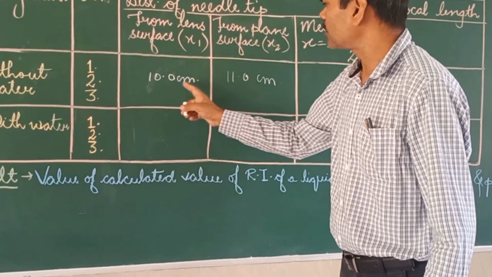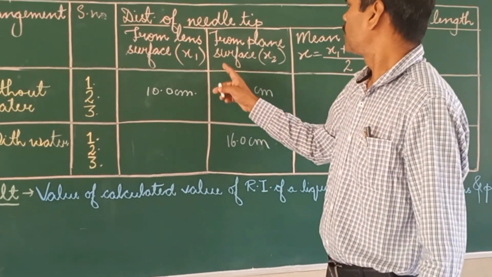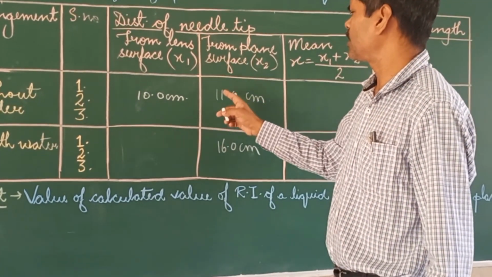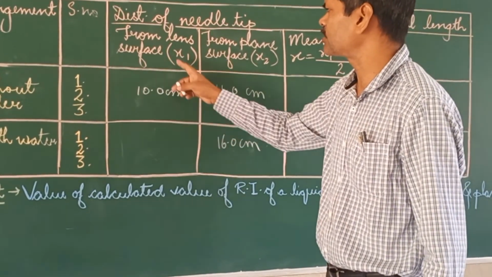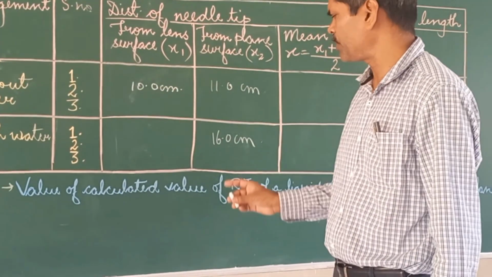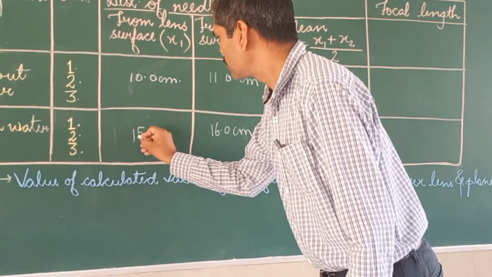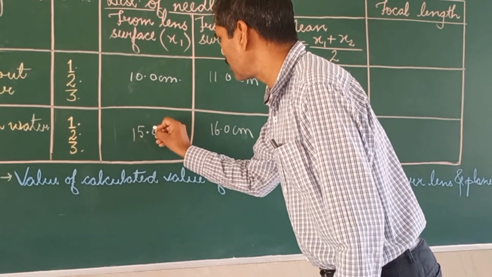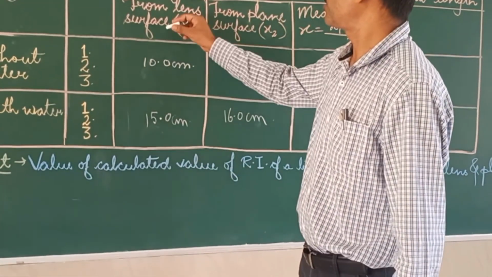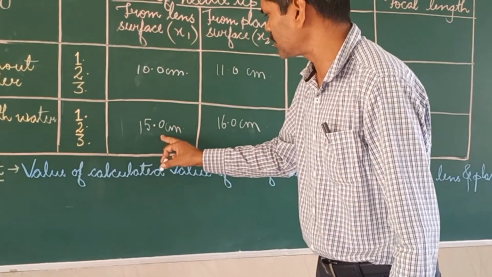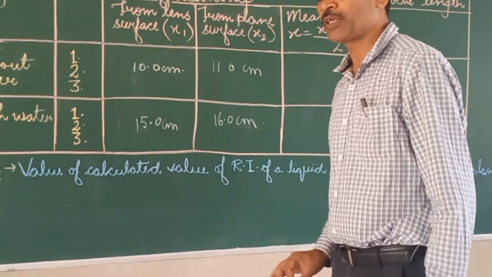Now, as in the above observation, there is a difference between the distance of the needle tip from the plane surface and from the convex lens. This is 1 centimeter. Same will be here. Therefore, the distance of the needle pin from the surface of the convex lens is 15.0 centimeter.